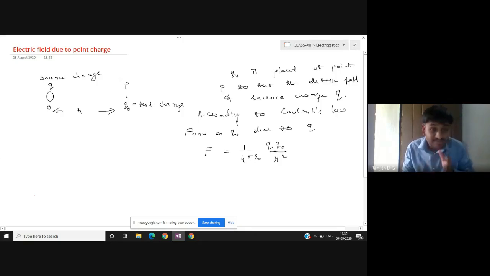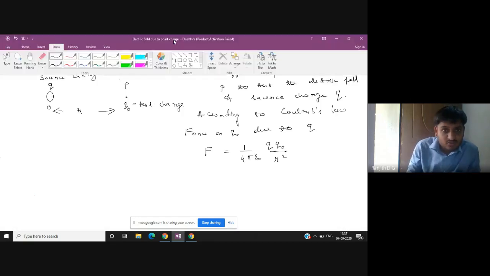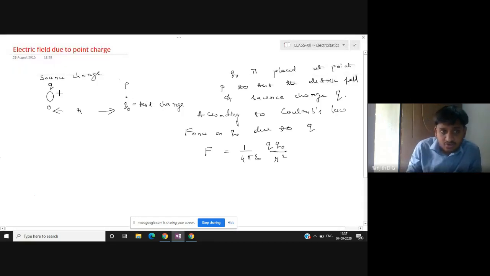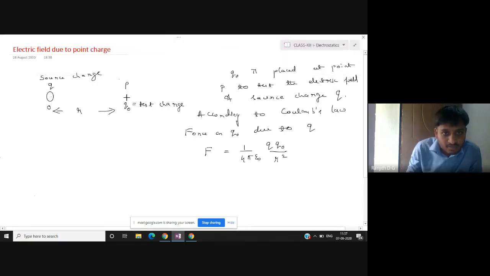Now let us come back to the vectors also. The force on Q naught due to Q will be in this direction. This is the F which exists. The direction from O to P, I will name that vector R cap.